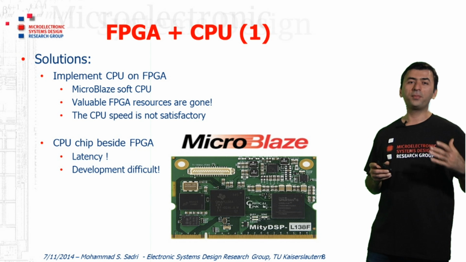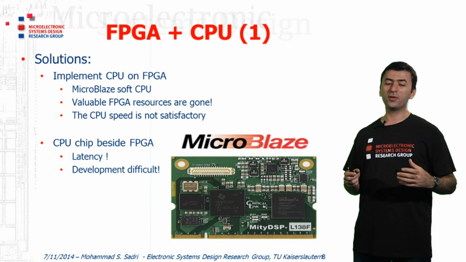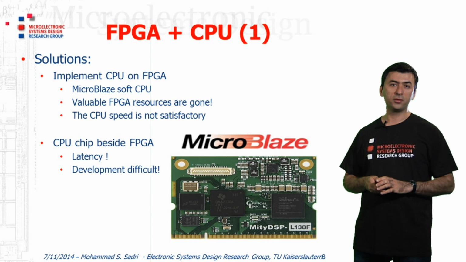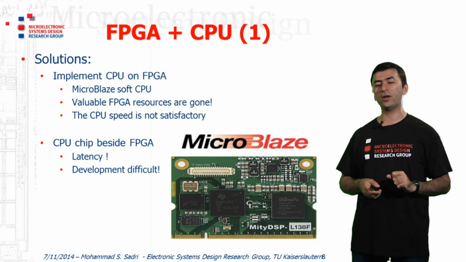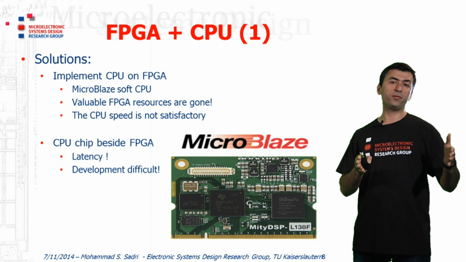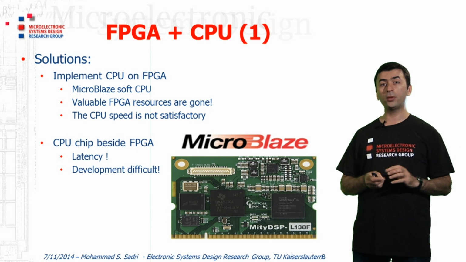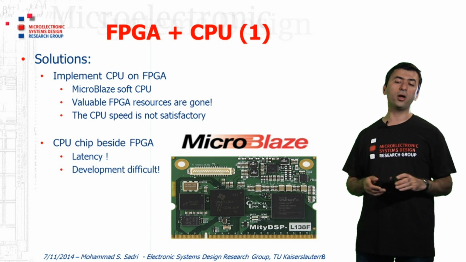But practice has shown that this idea, many times, doesn't really work very well. Because as soon as you implement the CPU on the FPGA logic, first, you are consuming a very large amount of FPGA logic for your CPU. Second, the CPU is not giving you really high performance.